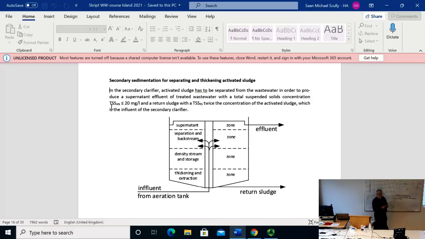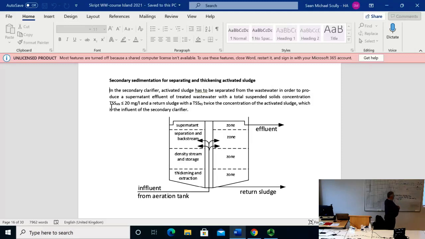So you've got the water and you've got the suspended solids. That's all we have. So the components are water and total suspended solids. Because we're not interested in total solids, because the salt is in the water. We don't want to look at that.